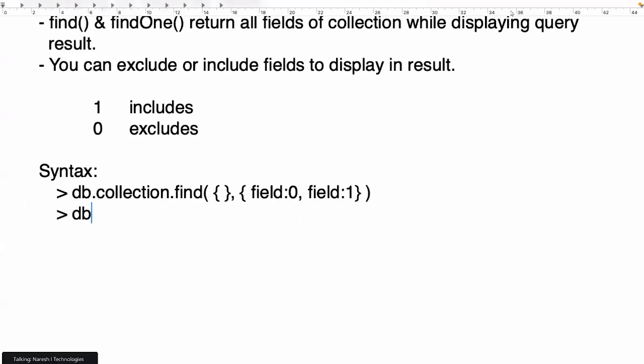So for example, find ID as 2, title and price.